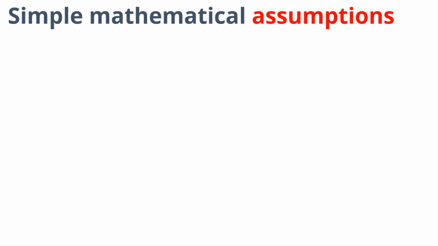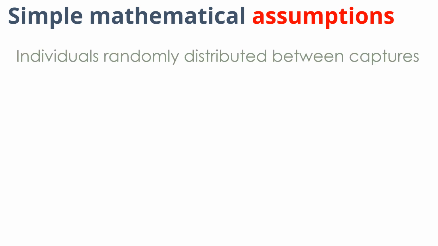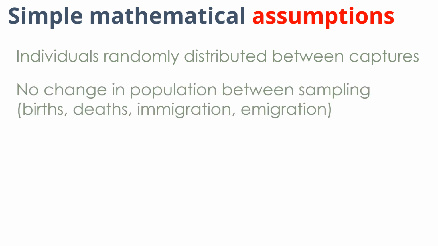These simple mathematical models also come with some overly simple assumptions. So, for example, mark and recapture assumes individuals are randomly distributed between captures. Second, there's the assumption that there's no change in the population size between sampling events.